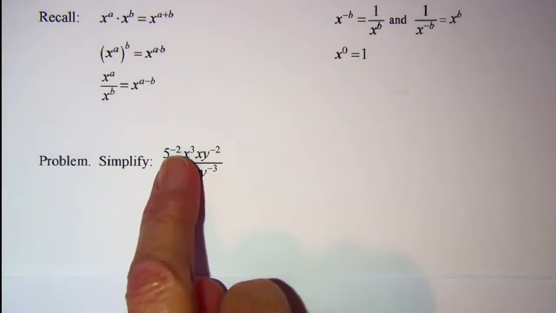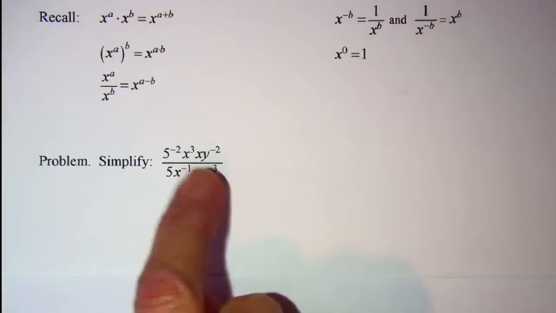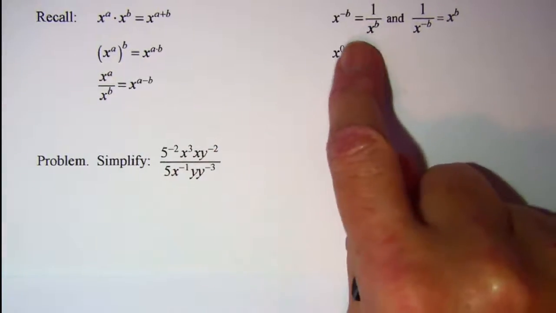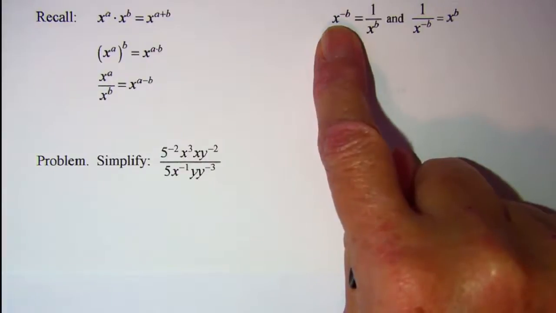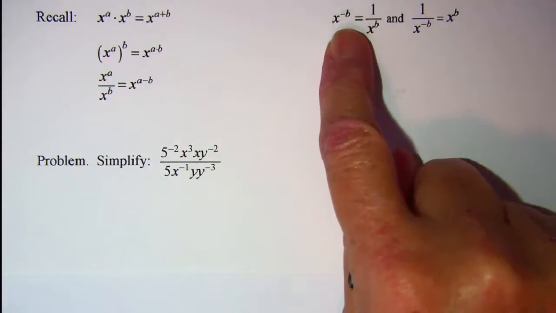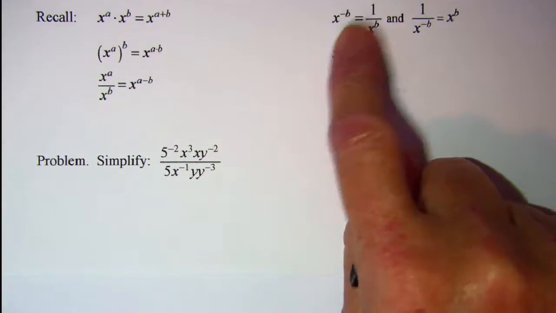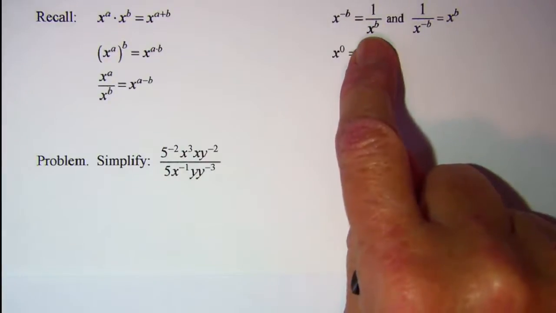First of all, we have negative exponents, and we can use this rule that says that if I have a factor with a negative exponent, then I can write that as 1 over that factor with the positive exponent.